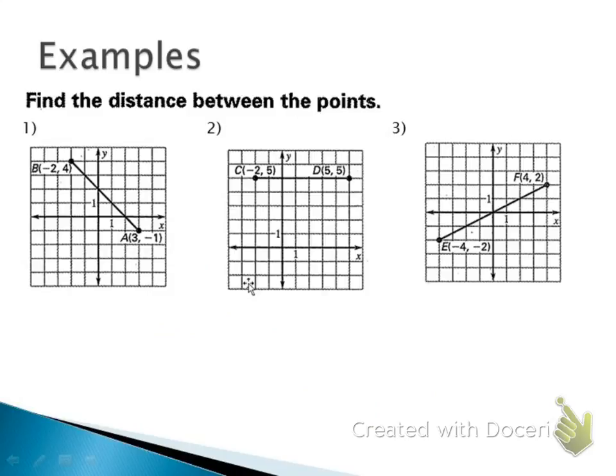Here are the first 3 examples we're going to look at. If you do not want to draw those graphs in your notebook, I do not blame you, but we still need those ordered pairs in your notebook, so let's just write them out. So you could just put problem number 1 and list the 2 ordered pairs.